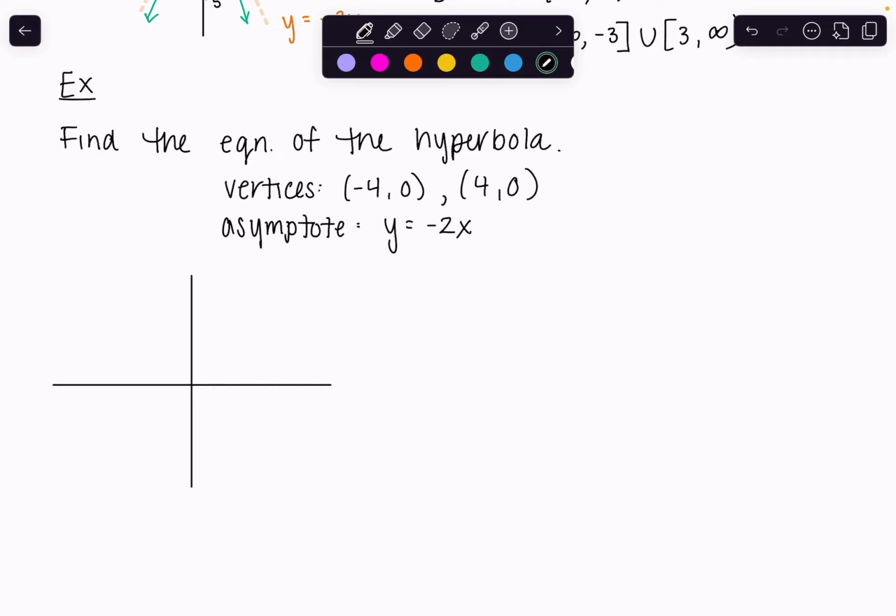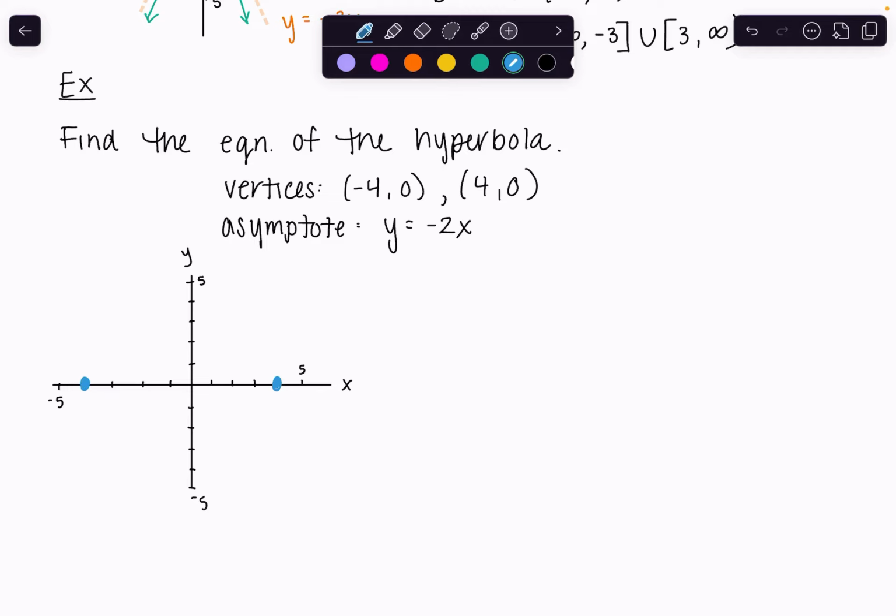My vertices occur in the x direction. So I'm going to go out, let's do 4, 5 in each direction. So starting with my vertices, those occur at -4, 0, and 4, 0.